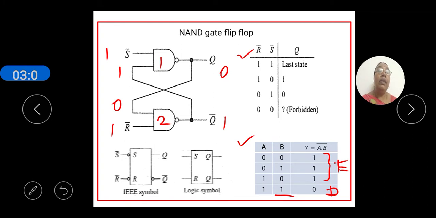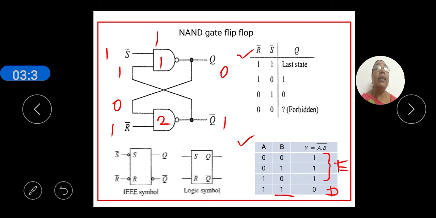Now we can immediately say that the first NAND gate is disabled and the second NAND gate is enabled. So the output of the first NAND gate remains in the 0 state, or it remains in the last state. So there is no change in the state of the flip-flop. NC stands for no change. Okay. Now come to the second state.